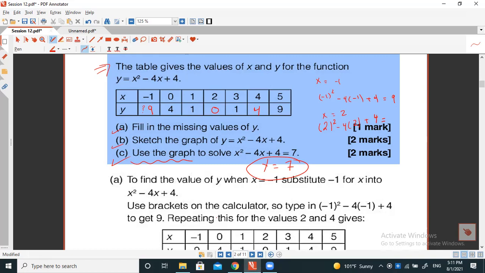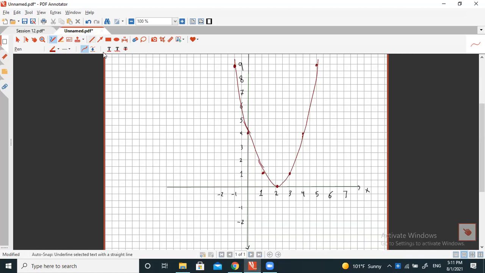I think, sir, we should use the curve which we did in the last graph. Yes, we should follow y equals 7 till it touches the line which we drew. Exactly.